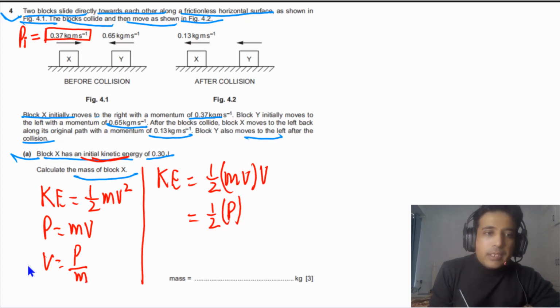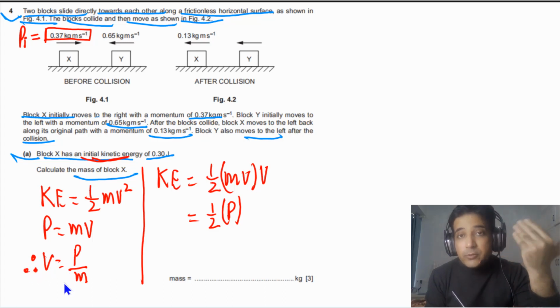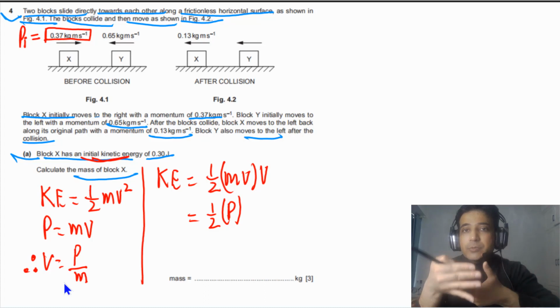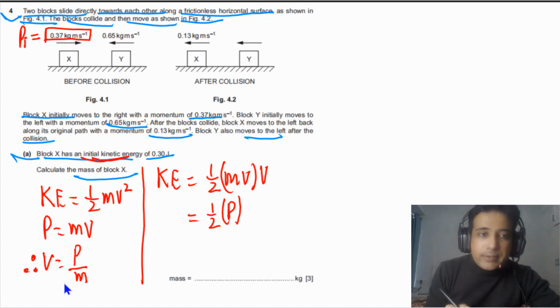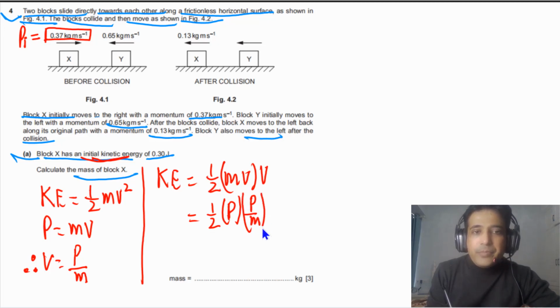We don't have the value of speed, so we have to write the speed in terms of momentum. So v we can write as p over m. Now you can see we have only three variables, and the last one we can calculate, meaning mass. If we simplify this one, this will be equal to p squared divided by 2m.